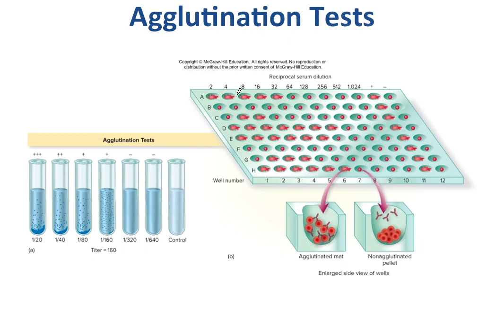If the patient sample contains the antigen, that antigen reacts with the antibodies, so we can identify the antigens. Each well contains different antibodies, so we can detect different microorganisms.